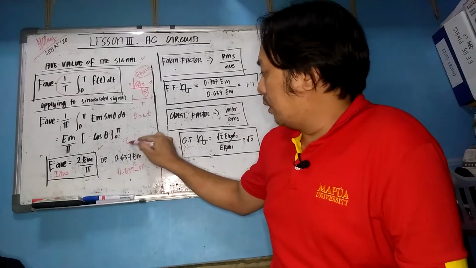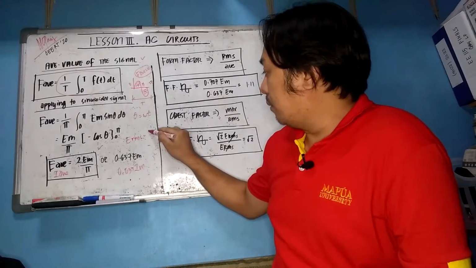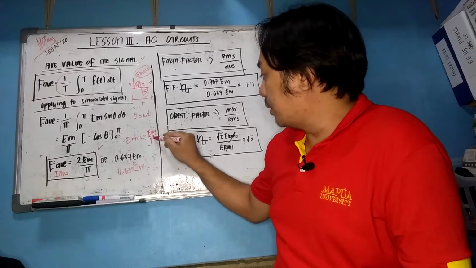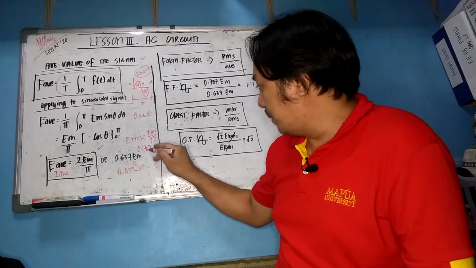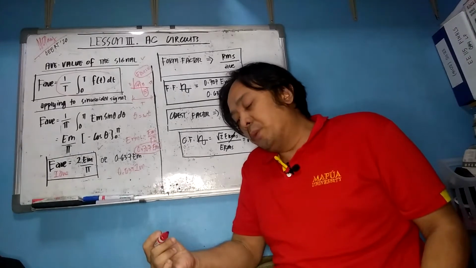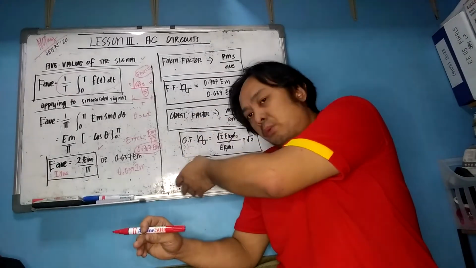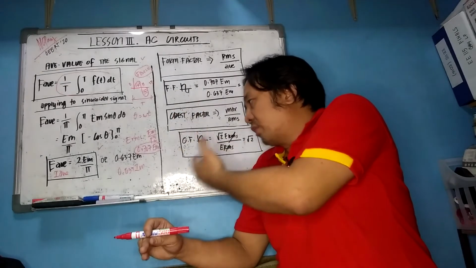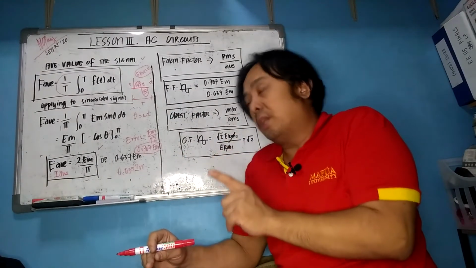Now, there's a numerical value as well for the root mean square. You can still recall that your E_RMS is simply equal to whatever the maximum value is divided by square root of 2. 1 all over square root of 2 is also 0.707 of the maximum value. So in terms of numerical value, 0.707, 1 over square root of 2, but in terms of average, 2 all over pi. And please take note, this is only for a sinusoidal signal.